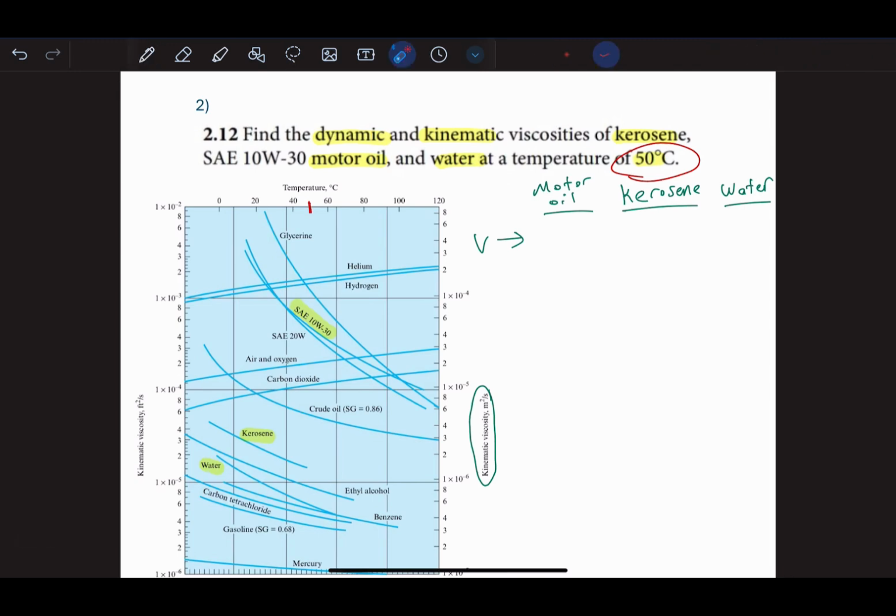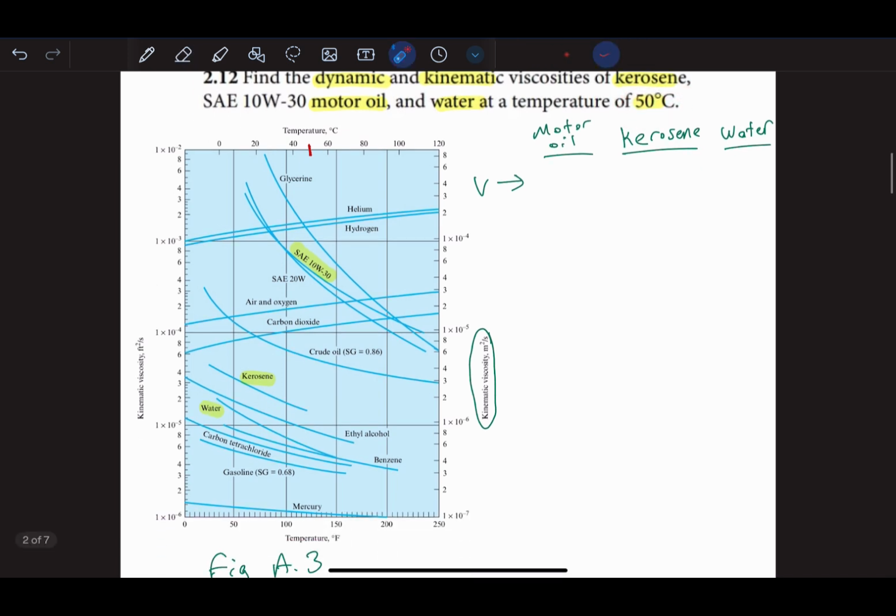Okay, let's continue with the second question. This is question 2.12. We need to find dynamic and kinematic viscosities of kerosene, motor oil, and water at a temperature of 50 Celsius. Let's first find the location of 50 Celsius. We can see it's almost here, so that we can match it here.